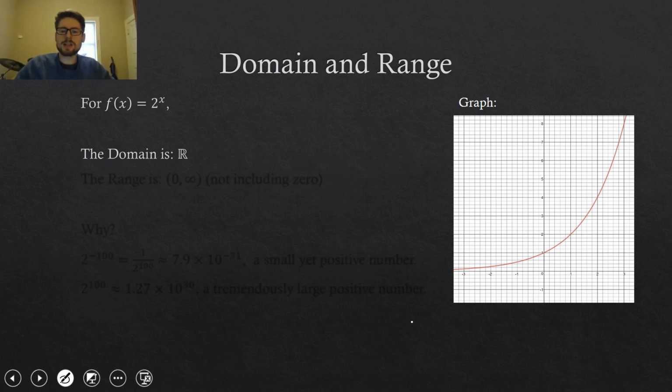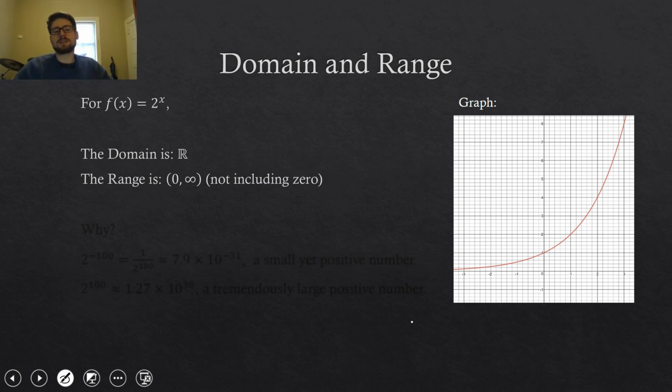It's hard to understand what 2 times itself pi times is, but you can think of it as 2 times itself 3 times plus a little bit extra. So you can work your way there with decimal values. The range is going to be all positive numbers, so you can get any positive answer out.